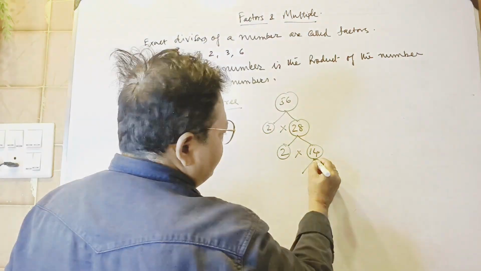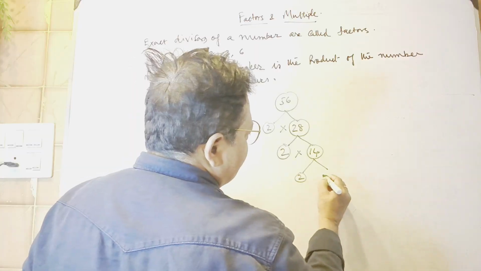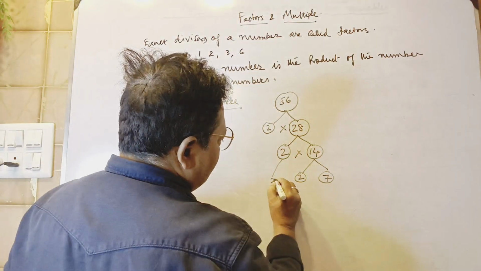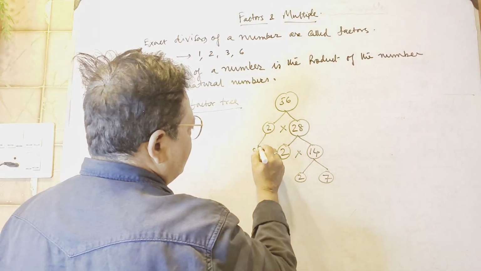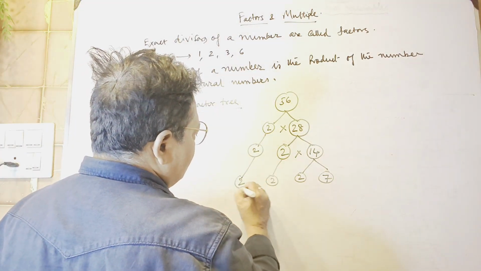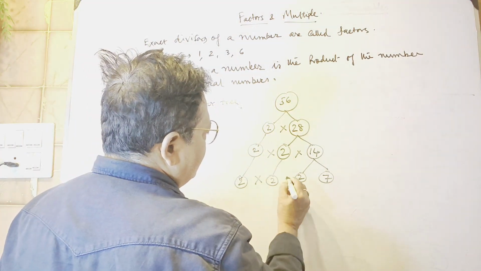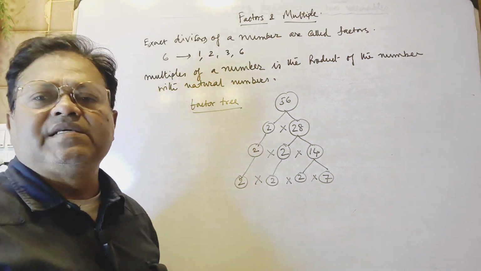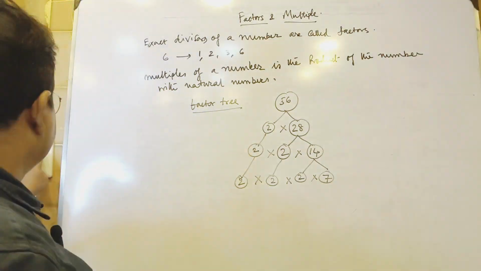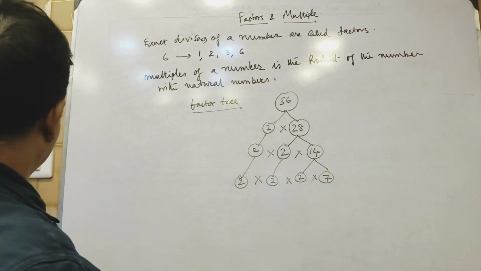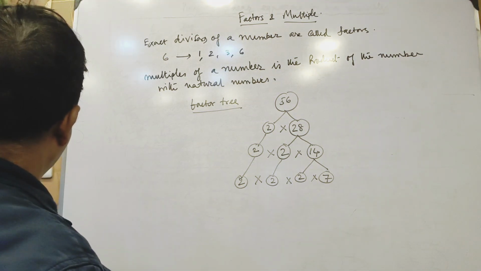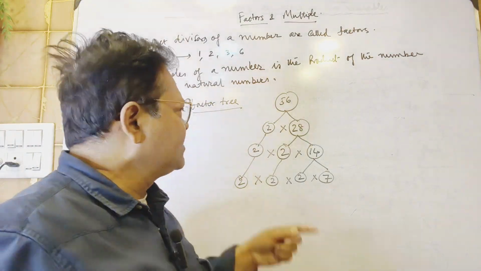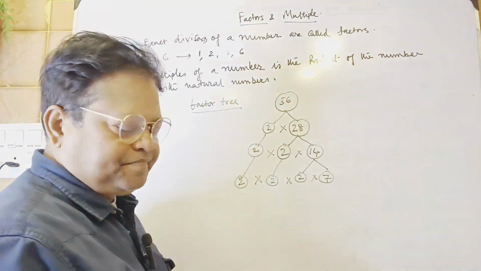If you divide it by 2, you will get 7. By this way, you will get the factor tree of 56. It is the process of getting the factor tree.